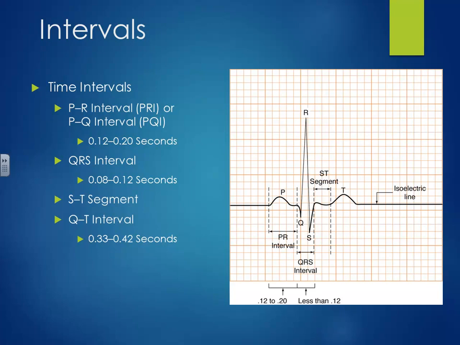QRS shows what? Ventricular. And then your T wave shows ventricular. Why don't you see atrial repolarization? Because the amplitude and the voltage of a QRS is a lot stronger than the atrial repolarization, so it's hidden.